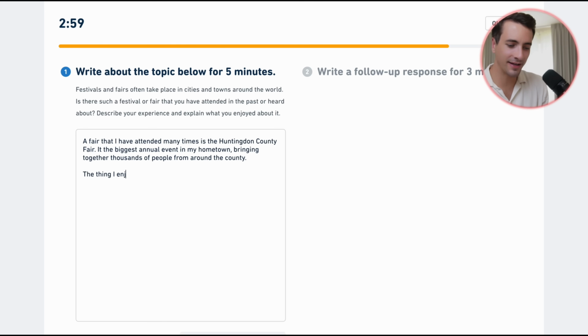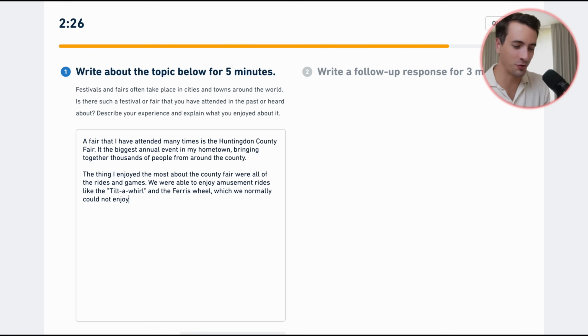The thing I enjoyed the most about the county fair were all of the rides and games. We were able to enjoy amusement rides like the Tilt-A-Whirl and the Ferris wheel, which we normally could not enjoy.